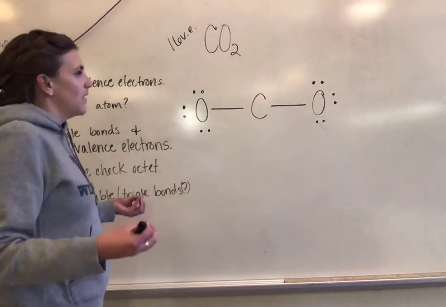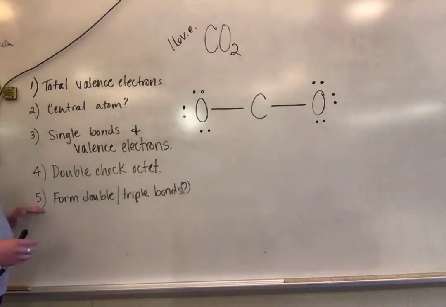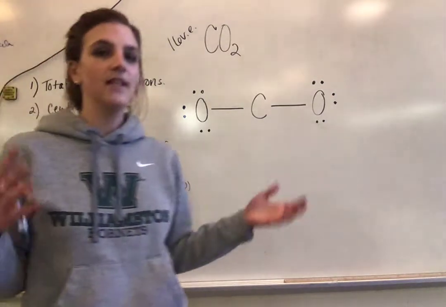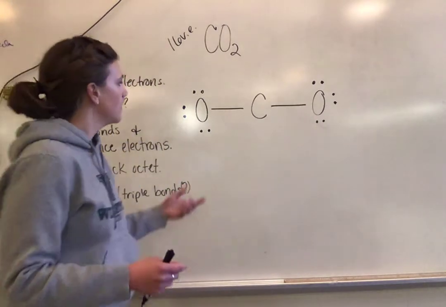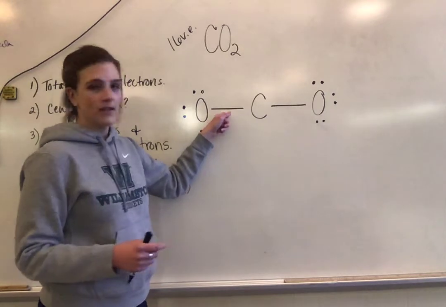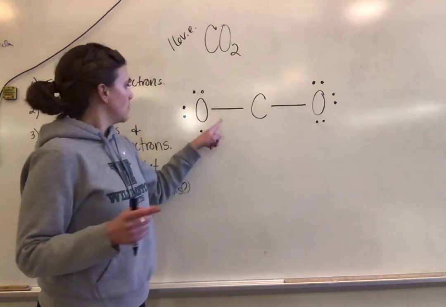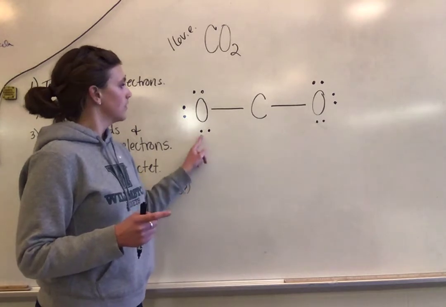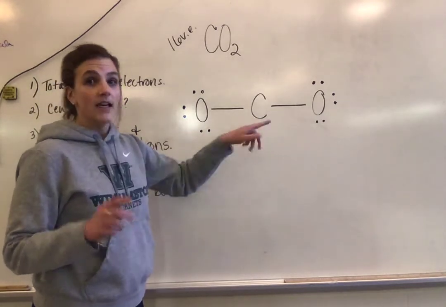So how are we going to make that work? Step number 5 says form double bonds when you have an atom that doesn't have an octet yet. What that means is between oxygen and carbon, we want to turn this into a double bond, which means oxygen is going to share one of its pairs of electrons with carbon. Now that's cool.